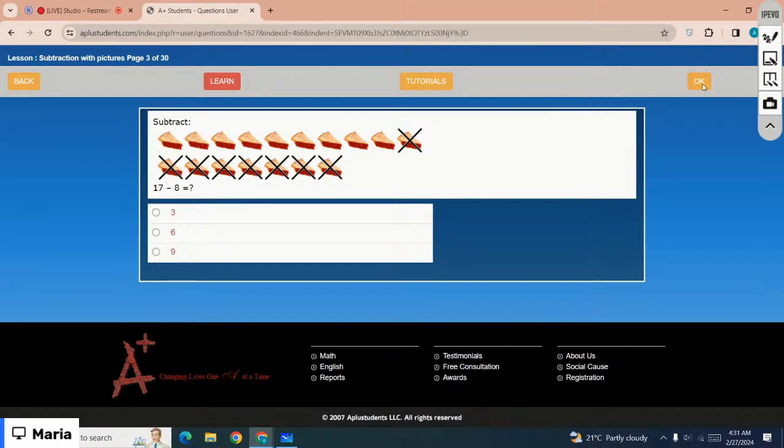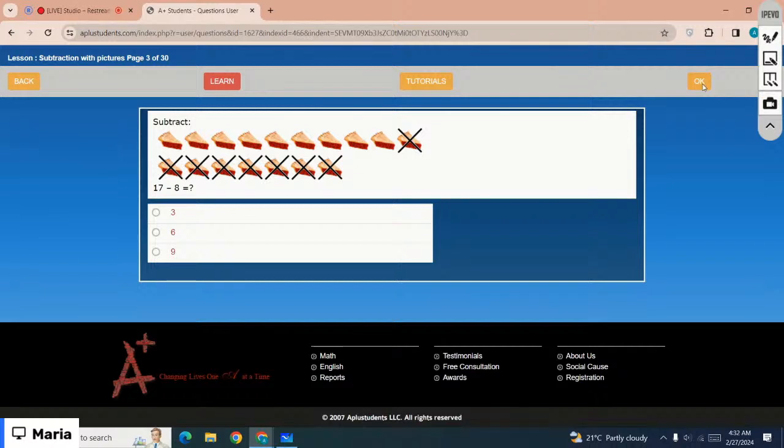Okay, the next one is 17 take away 8. So 17 take away 8 is, very good. The correct option is, you need to count the ones that are not crossed.